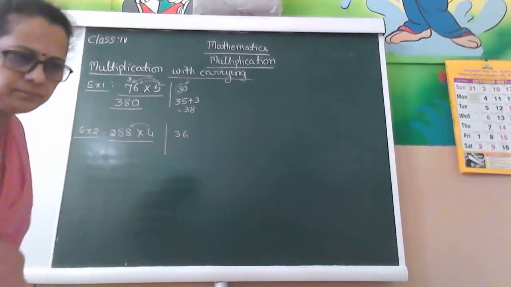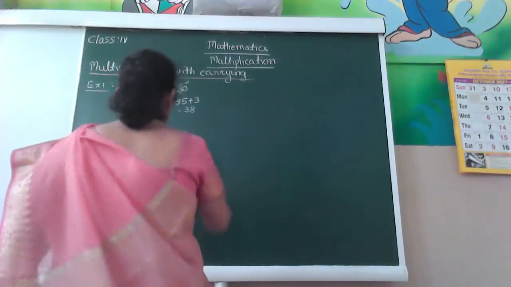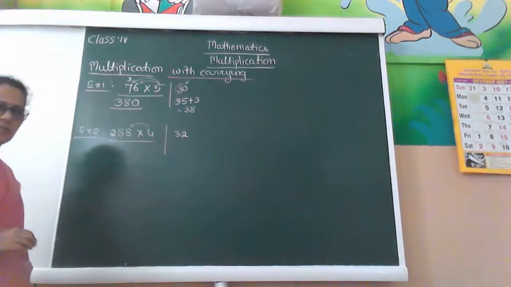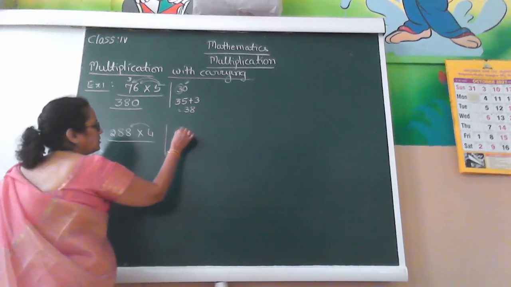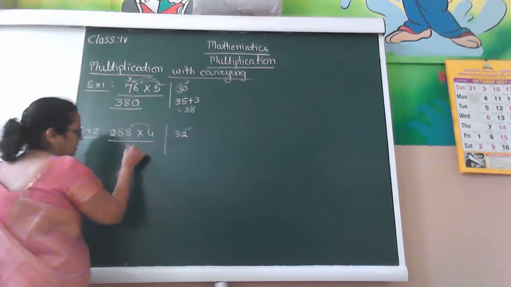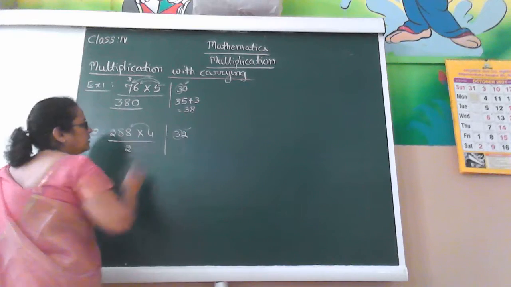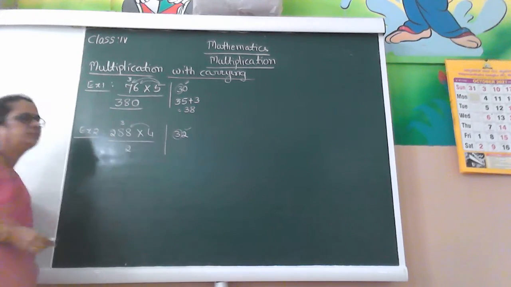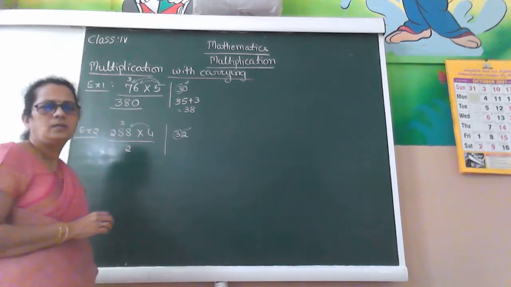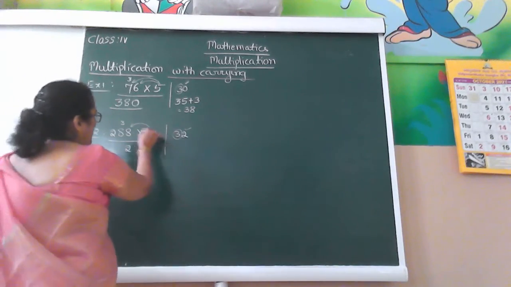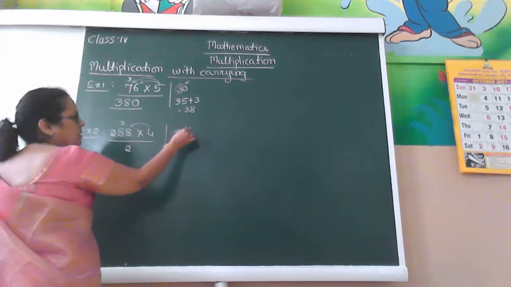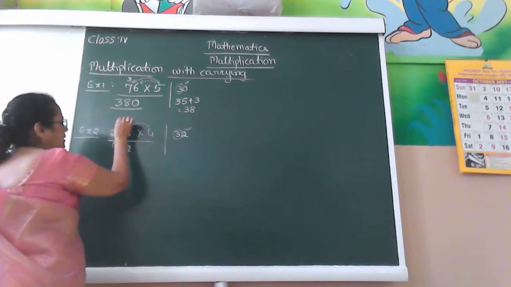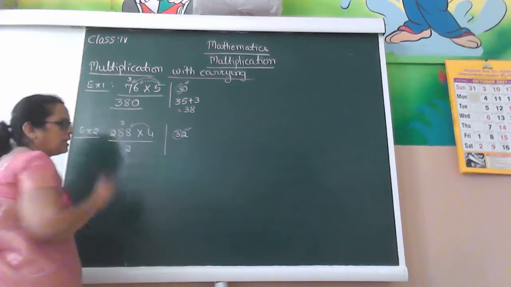Sorry, 32 it is. 4 eights are 32. So write 2 here, then 3, just give carry above 8. Understood? What I did? 4 eights are 32. So write this 2 here and give 3 as a carry above 8.